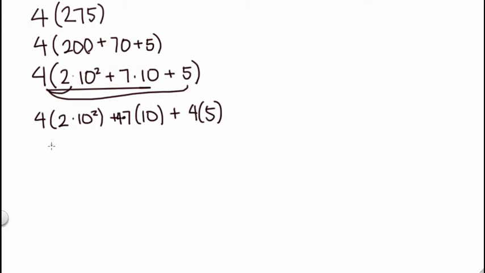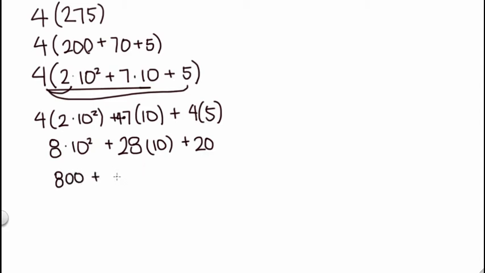So carrying along, we get 4 times 2 is 8 times 10 squared plus 4 times 7, which is 28 times 10, plus 5 times 4, which is 20. So 8 times 10 squared is just 800. And then 28 times 10 is 280. And I add 20.